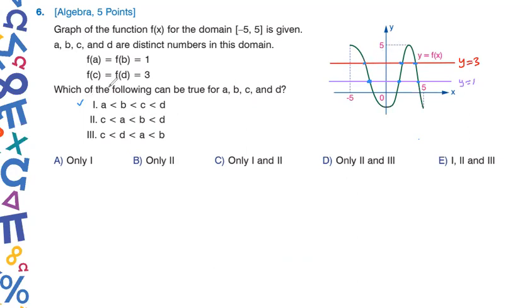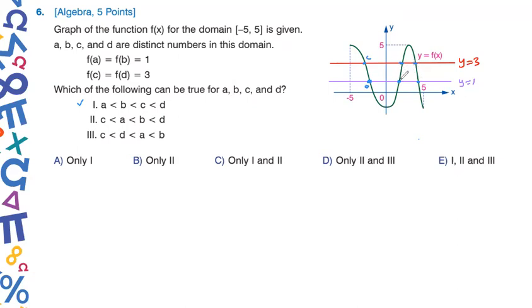And A is such that F of A is 1. So maybe A is right there. If C is right here, A could be this one, and then B could be this one, and D could be this one. Yeah, I think it's possible. What I mean is, if I choose this C as the smallest one, and then A is this one, because F of A is 1 and F of C is 3, so for these two, good.